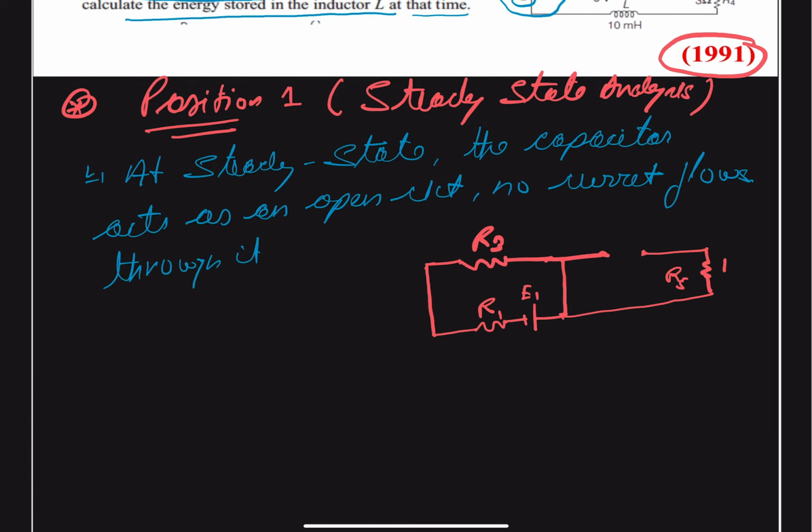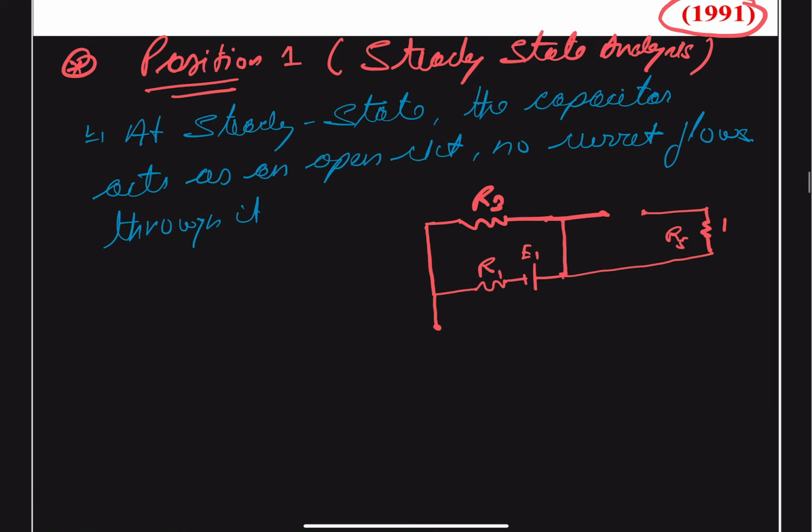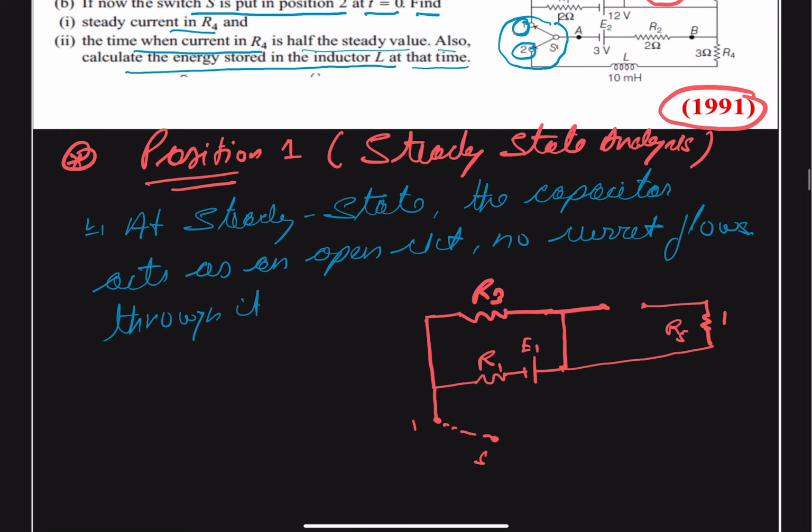Now the switch is connected to position number 1, so this is position number 1 and this is our switch, and here we have point A, another battery source which is connected to a series resistance R2, and the other end is called B, and this will be our initial circuit. This is given as E2. So from here we can clearly see that there is an open circuit with respect to the capacitor.